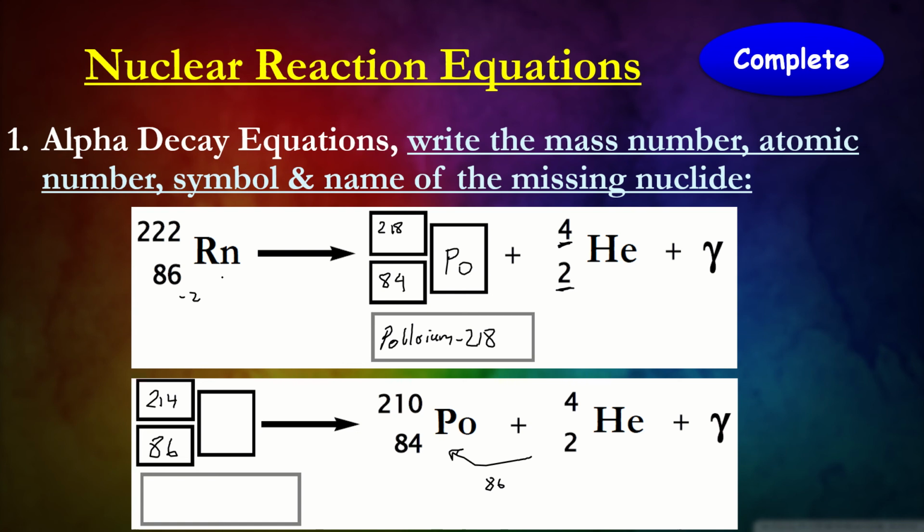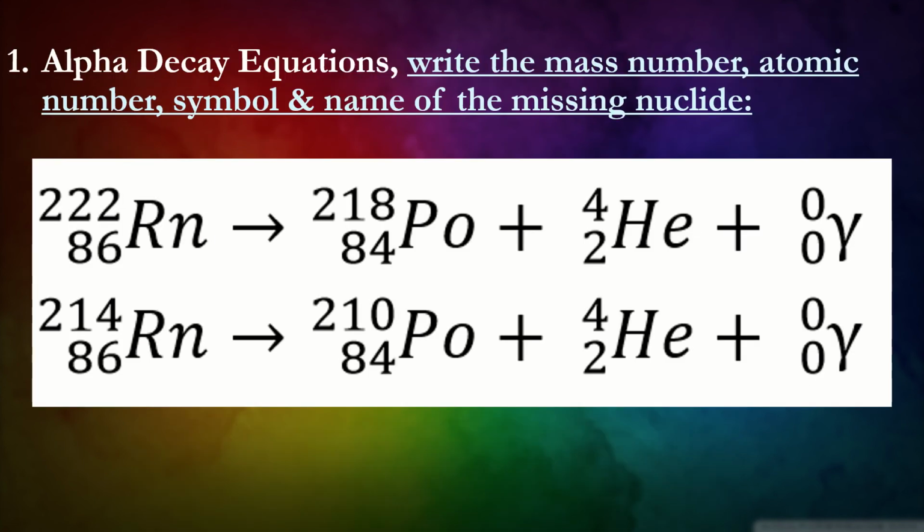And then I'm not quite sure what the name for this one was, but we do know the symbol here. So let's just quickly check. Oh, before I go on, you can see that for gamma rays, because it has 0 charge and 0 mass, we sometimes don't really write the numbers for it, but if you really want to, you can as well.